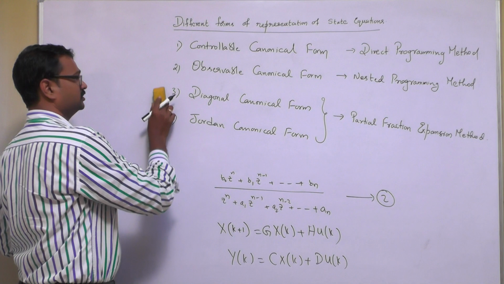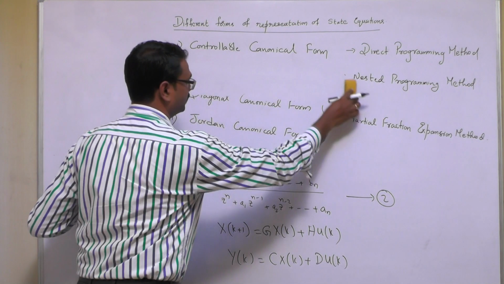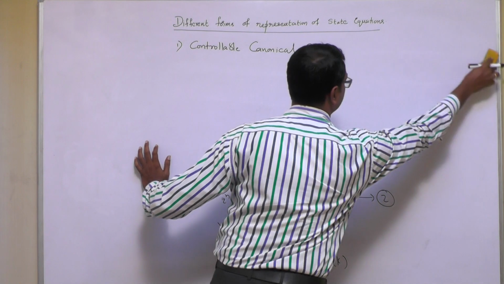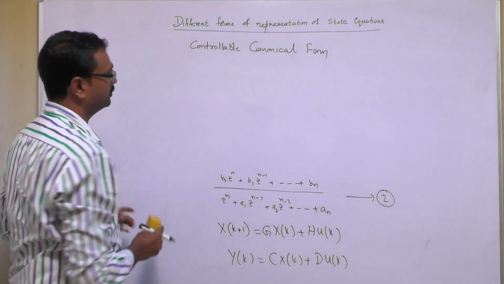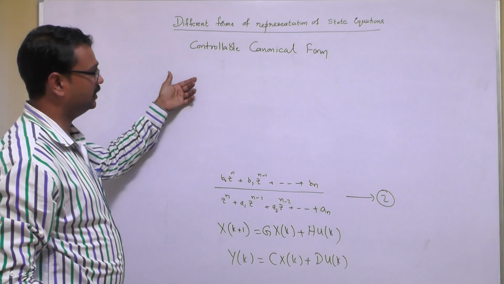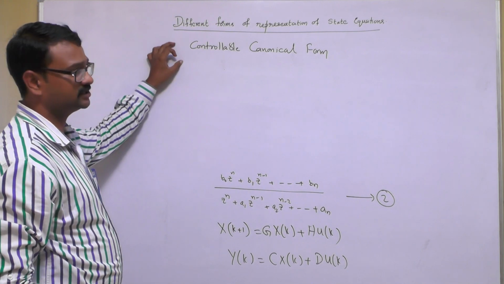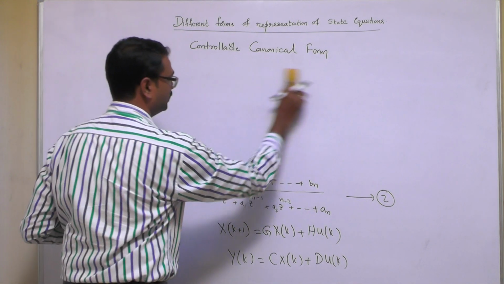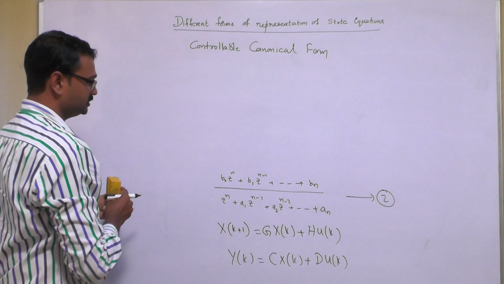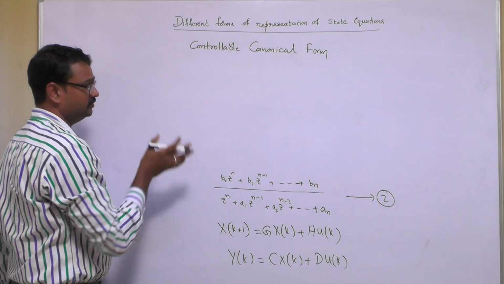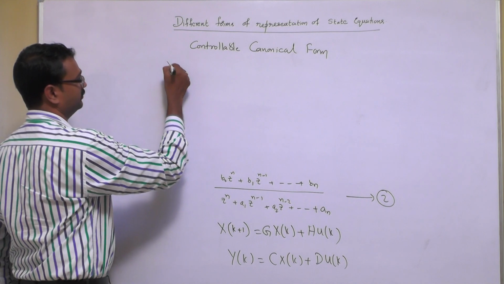So let us first go with the controllable canonical form of representing the state equation. What is the controllable canonical form? I will directly give you that. As I have stated earlier, I will be discussing the direct programming method in the next class. Now I will be discussing only the controllable canonical form, the equation that we are going to have here.